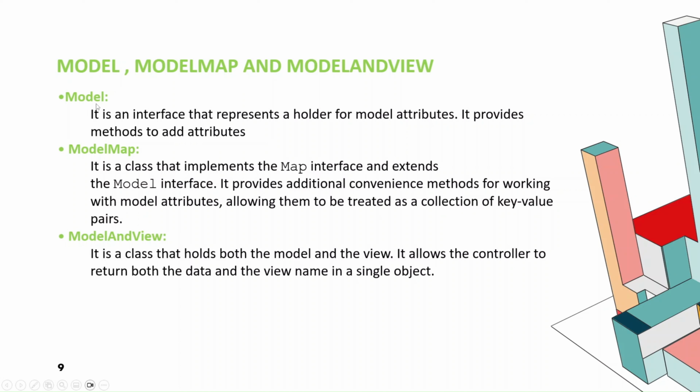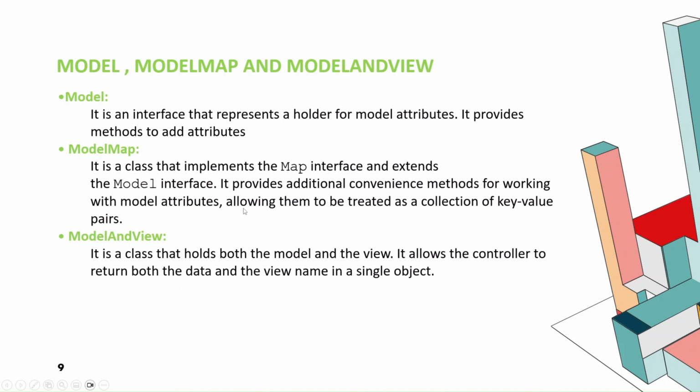If you go for Model, you can add an attribute and use it in the HTML or JSP in the view. And ModelMap implements Map and extends this particular interface.